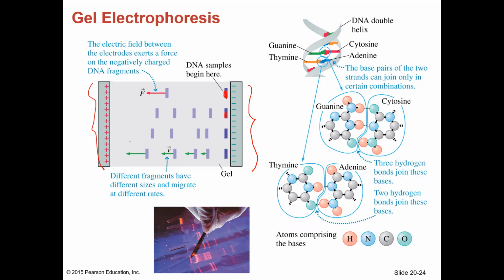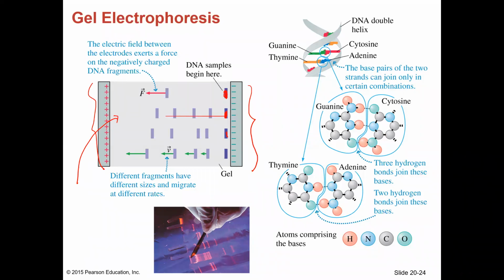This is a gel, some kind of polymer gel. So you make tiny holes here, and then you put the DNA solution in that, and you apply that electric field.